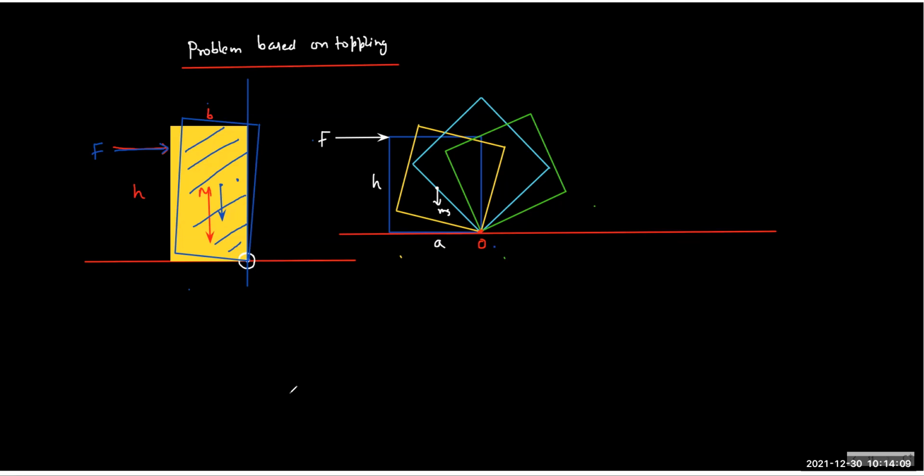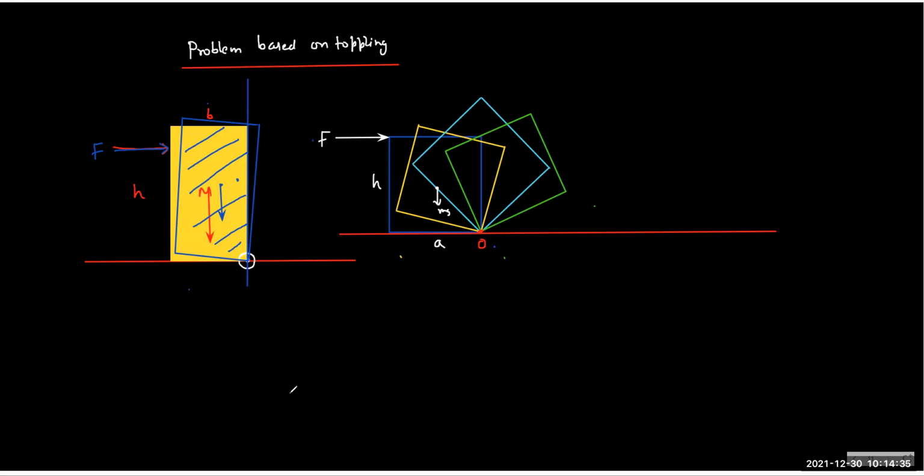Now, as the body starts toppling or tilting, though it has not toppled completely, will the torque of gravity be more or less? Less. You all need to realize that as the toppling process starts, the gravitational torque will keep on decreasing.